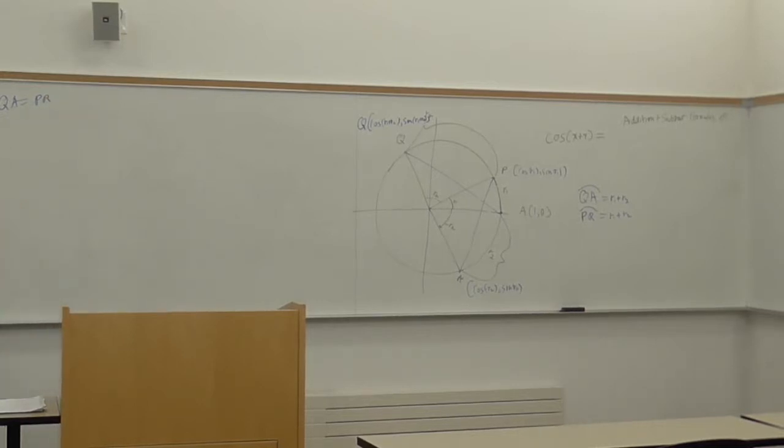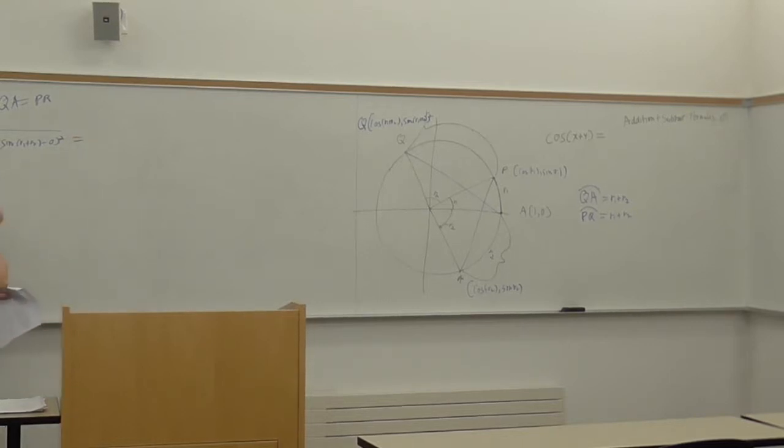So the distance QA is what? It's going to be the square root of cosine R1 plus R2, coordinates of A are 1, 0, so minus 1 squared, plus sine of R1 plus R2 minus 0 squared. Okay, that's good.